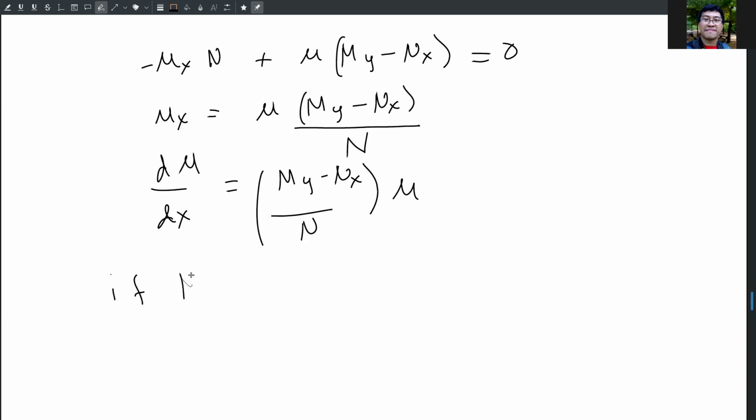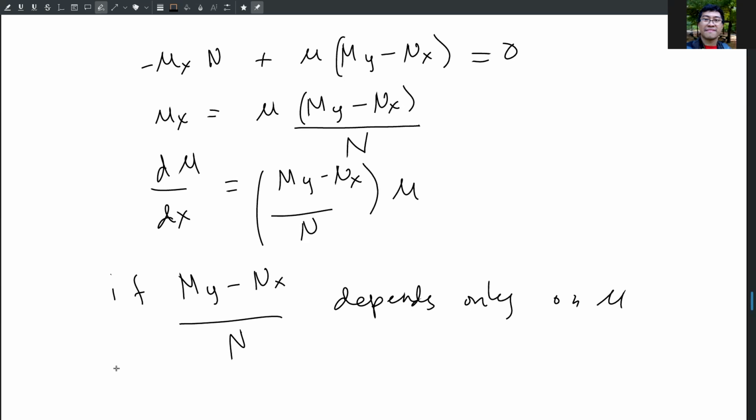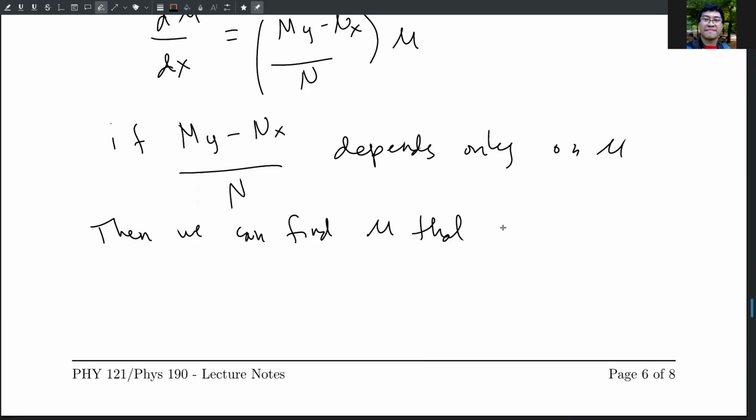Writing that explicitly, if (M sub y minus N sub x) over N depends only on x, then we can find a mu that depends only on x.